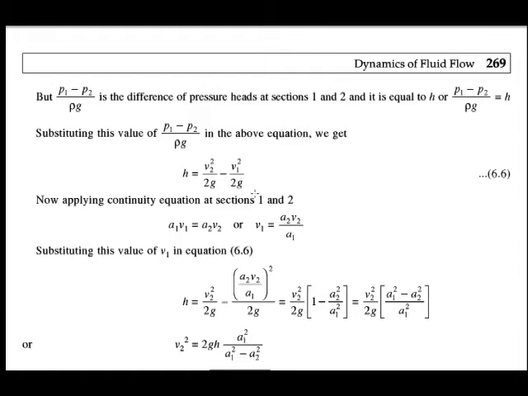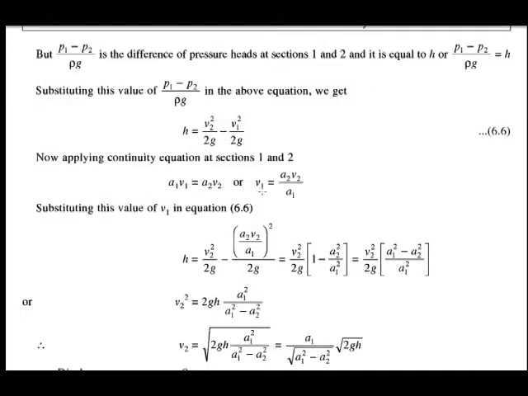Now apply the continuity equation for both sections. For section 1 and 2, the discharge at section 1 is equal to the discharge at section 2, which means A1 V1 is equal to A2 V2. From that, we get the value of V1 as A2 V2 upon A1.